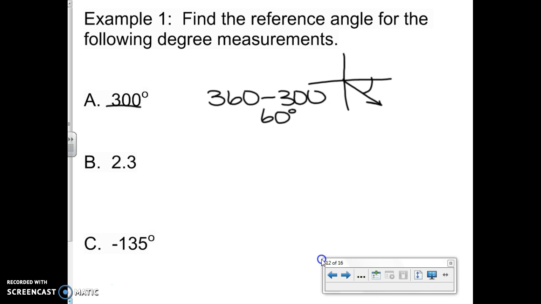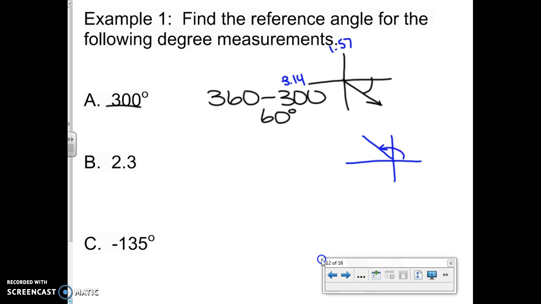Now, 2.3 is in radians. I don't have those memorized quite as well. So I know that this is 3.14. This was 1.57, something like that. So 2.3 is going to be, I should have drawn it over here. 2.3 would be sitting here, somewhere in there.